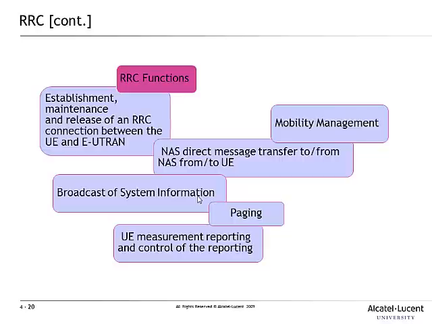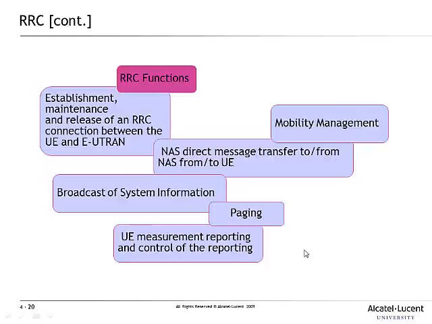That means if you have an incoming call, you've got to be able to locate the subscriber to see which particular cell the subscriber is located in, and the RRC function gets involved in that. And the UEs are also constantly reporting measurements. So all of those functions are also done through the RRC layer.